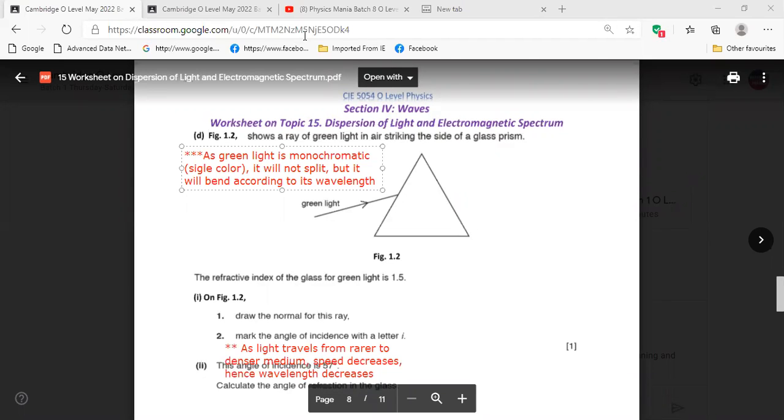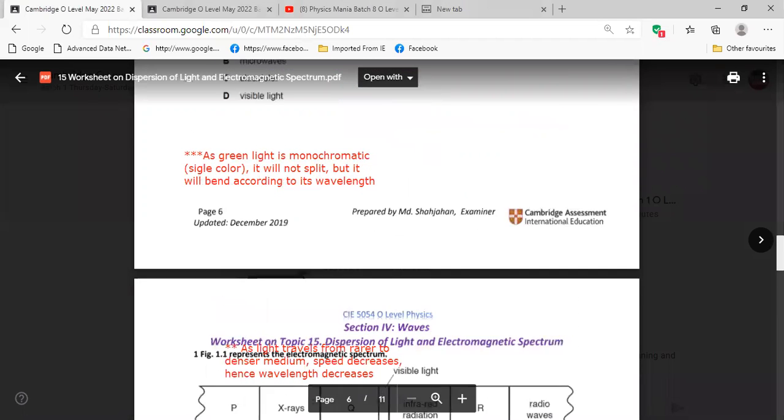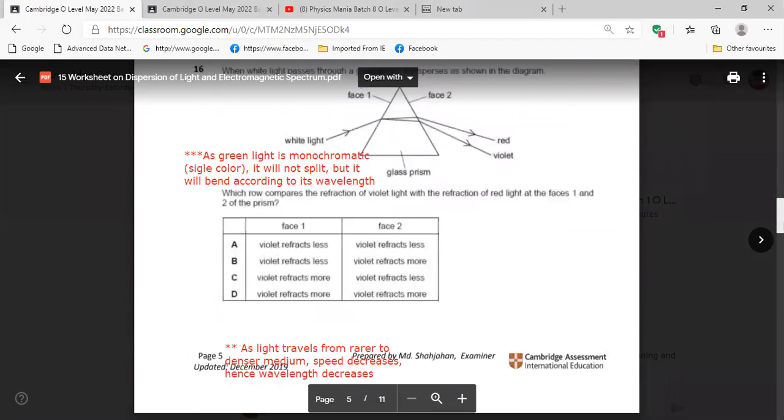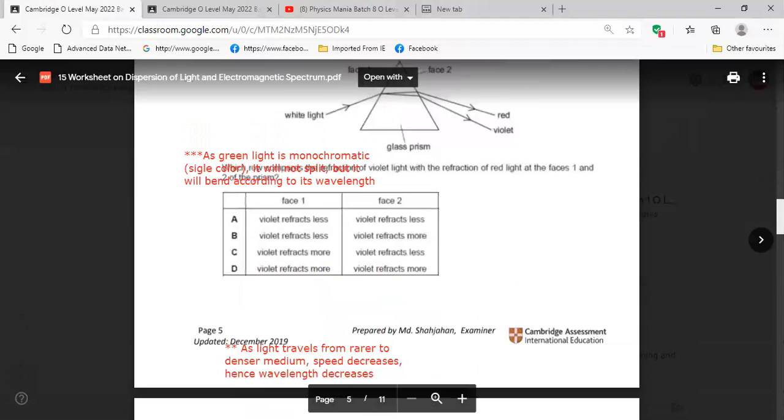So it will not split means the way we saw before, in our previous diagram we saw white light bending into 7 colors, right? Vibgyor.